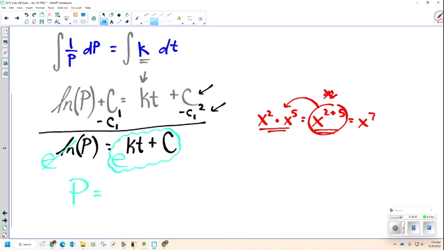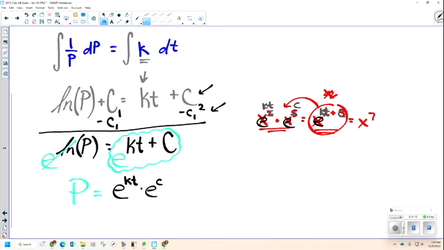So basically, what we have instead of x, we have an E here. And what we have instead of 2 and 5 is we have KT as the exponent, and C. So this is going to be E to the KT times E to the C.